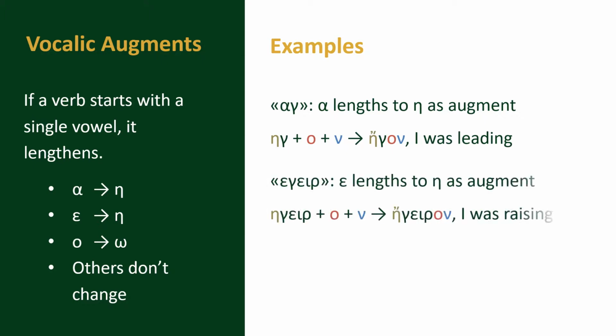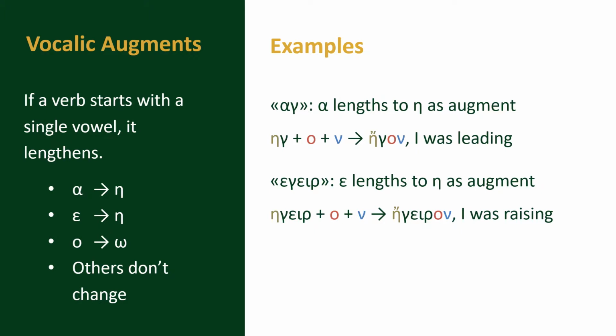Secondly, the verb egeirō means I raise. The stem is egeir. It begins with epsilon, which will lengthen to eta as a vocalic augment. Thus we would have ēgeir plus the connecting vowel omicron plus the personal ending n would give us ēgeiron, I was raising.